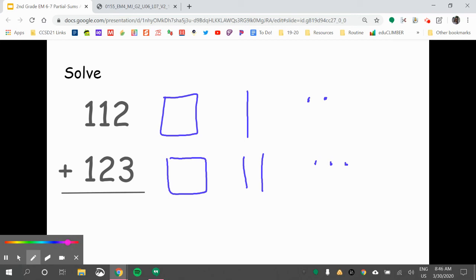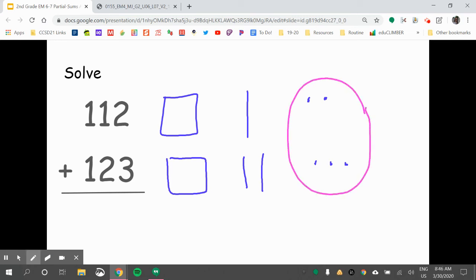Now I'm ready to collect my different sets of blocks. So I can start with the ones and move my way over to the tens and then the hundreds, or I can start with the hundreds and move my way backwards. But as we saw, sometimes you might have to make an exchange. So I'm going to go ahead and start with the ones in this case. So I collect the ones and I count them up. 1, 2, 3, 4, 5.